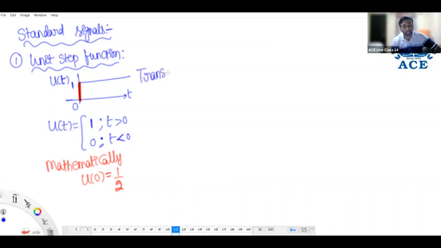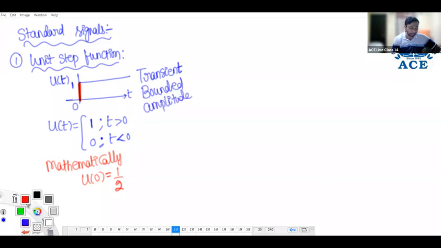Its application is that the transient behavior of any system is checked by applying u of t as input. That is what the control subject does. Rise time, peak time, settling time, all these parameters we are checking by applying u of t as input. Its second advantage is it has bounded amplitude. Maximum amplitude of u of t is 1.